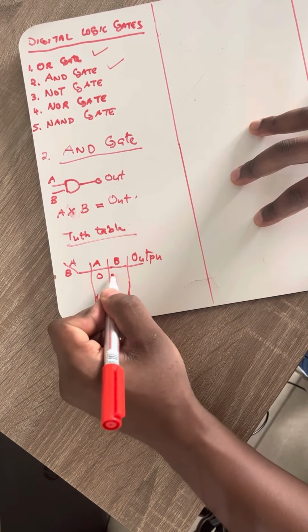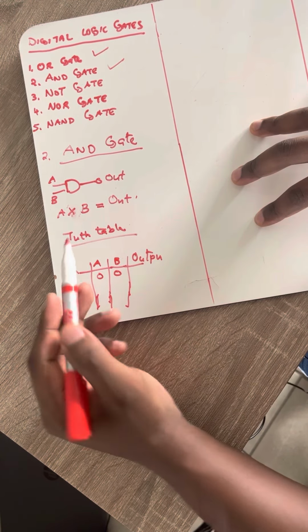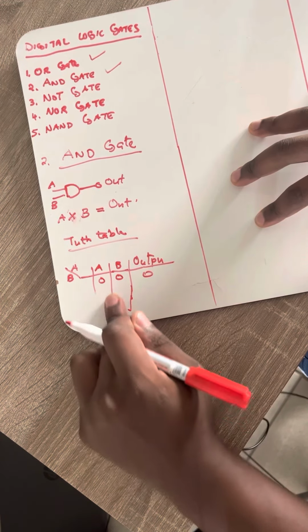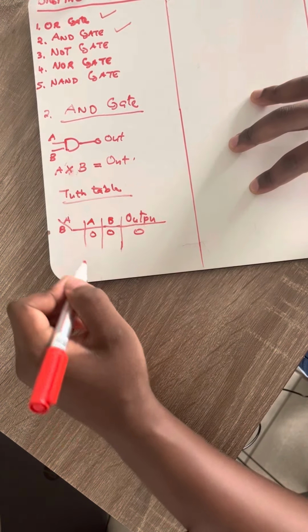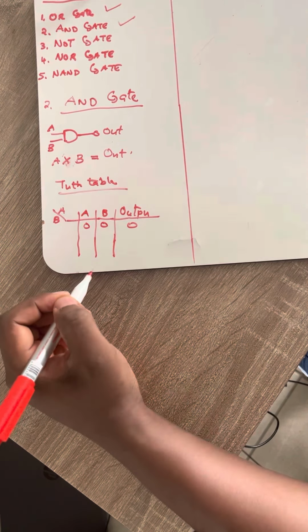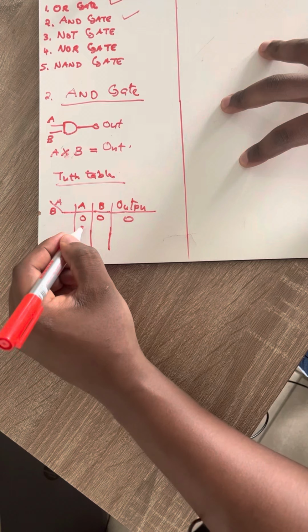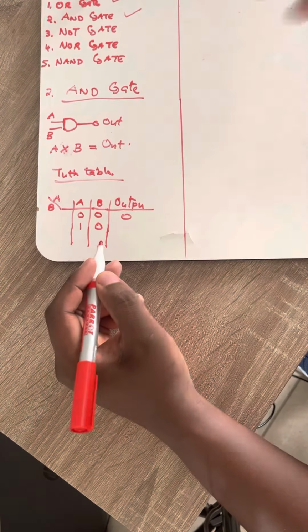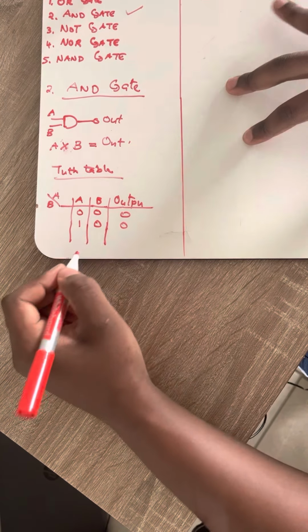Like 0, 0: 0 times 0 is 0, so the output is 0. If A is 1 and B is 0, 1 times 0 is 0.